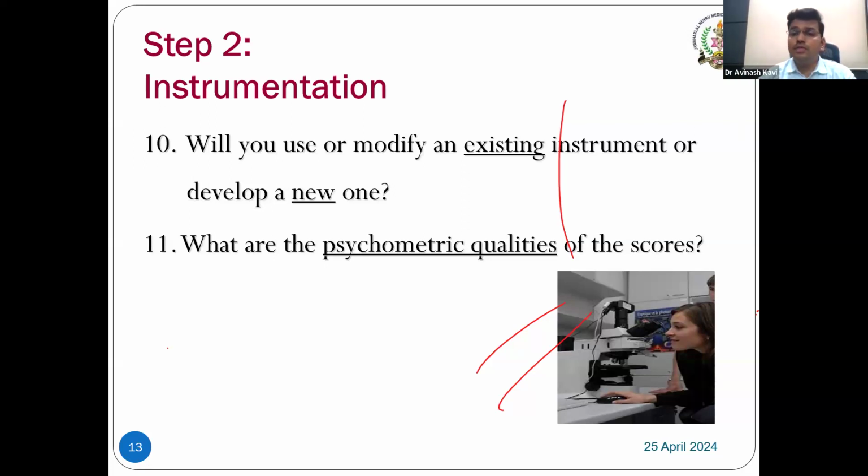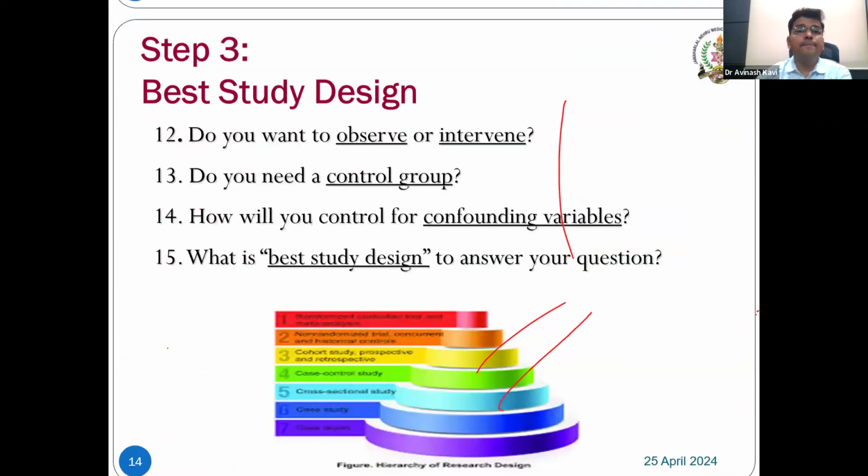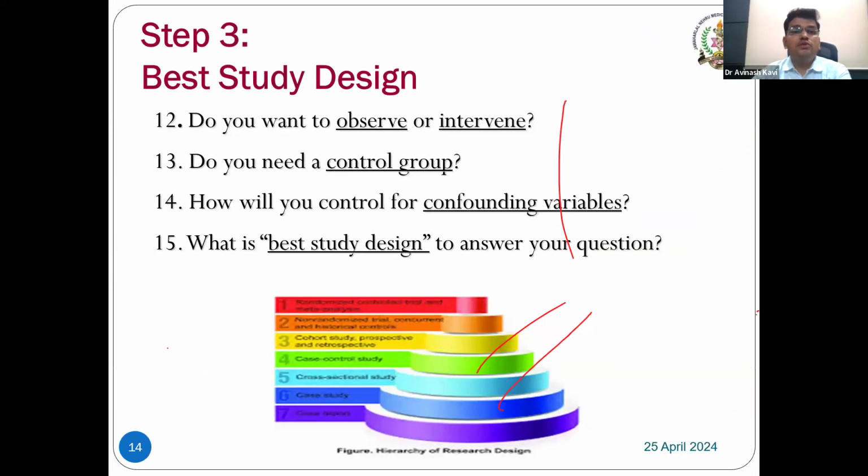And if at all you are using any scores, what are the psychometric qualities of the scores? That has to be ensured based on previously published literature or validity assessment. Step 3 is to assess and select the best study design. To select the best study design, we always have to look at these 4 questions.